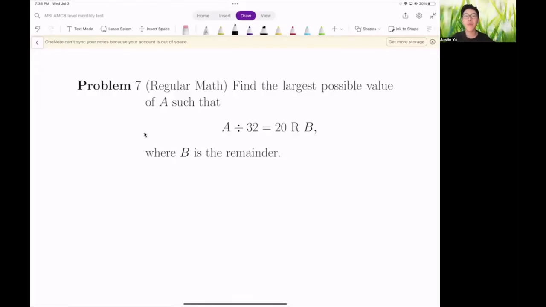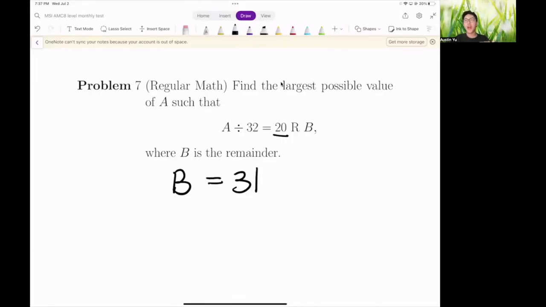Remember, if we want the largest possible value of a that doesn't go over 20 when divided by 32, then the remainder must be 1 unit less than what it's being divided by. Therefore, b must be 31, because that's the largest a remainder can get without adding another cycle to 20. So therefore, b must be 31.